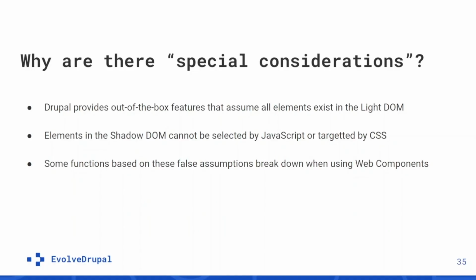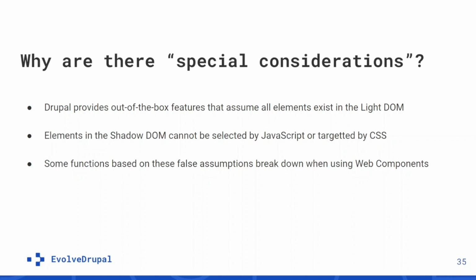So why are there special considerations for these web components? The first thing is Drupal has all these awesome out-of-the-box features, right? Huge community of developers. However, there's one foundational assumption that they all have made, which is they assume they can always target any HTML element on the page.